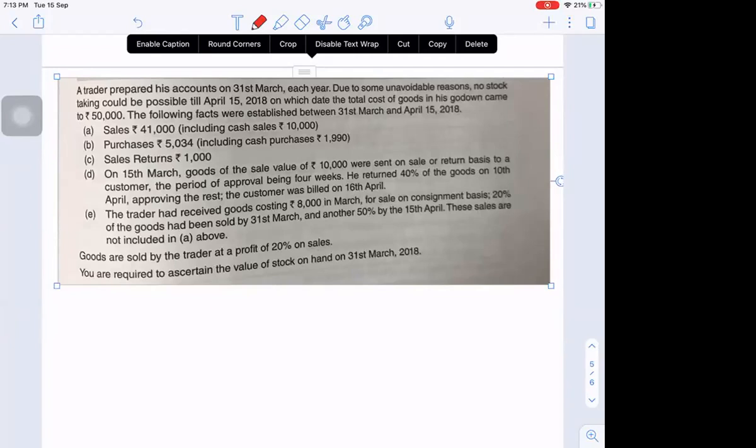The trader had received goods costing rupees 8,000 in March for sale on consignment basis. 20% of the goods had been sold by 31st March and another 50% by the 15th of April. These sales are not included in A above, in the sales of rupees 41,000. Goods are sold by the trader at a profit of 20% on sales. You are required to ascertain the value of stock on hand as on 31st March 2018.